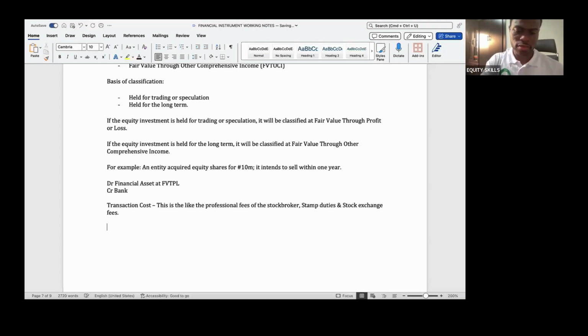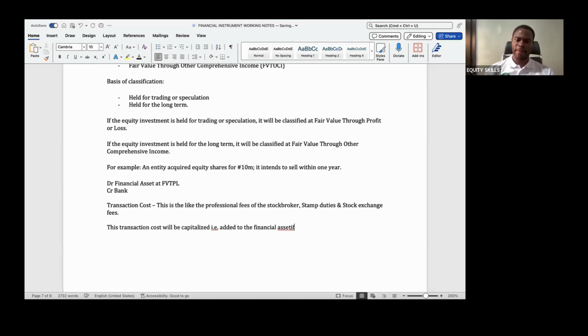So how do you treat this? These transaction costs will be capitalized, that is, added to the financial asset, if the asset is classified at fair value to other comprehensive income.